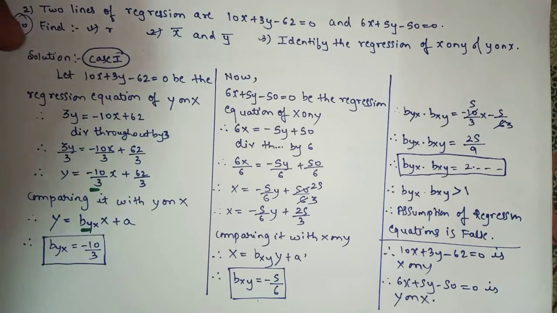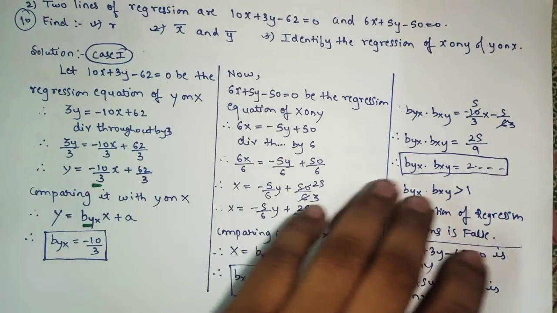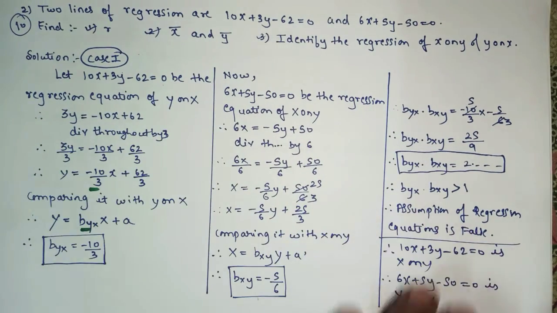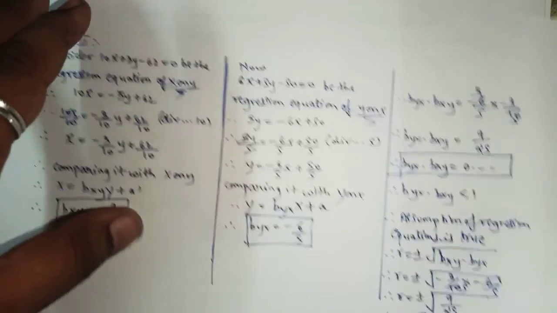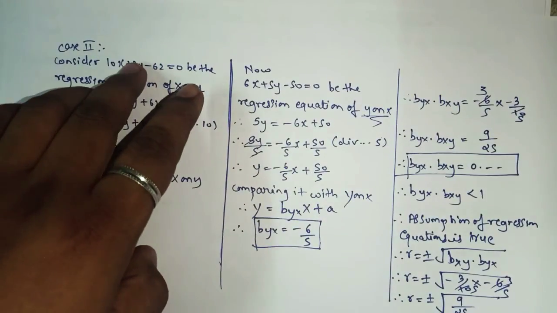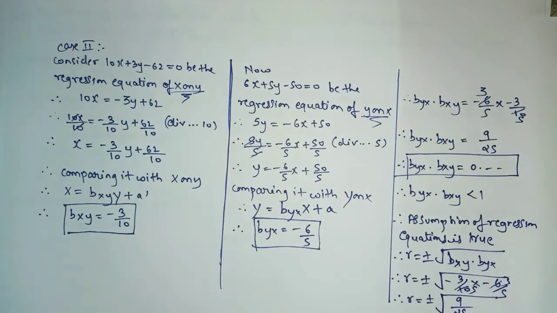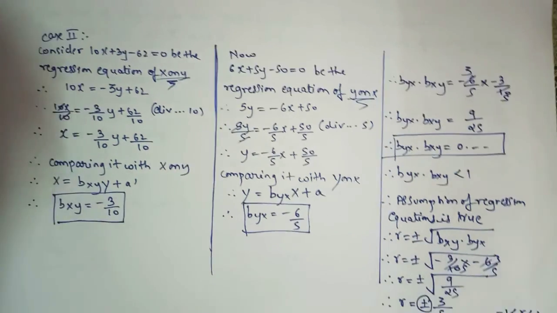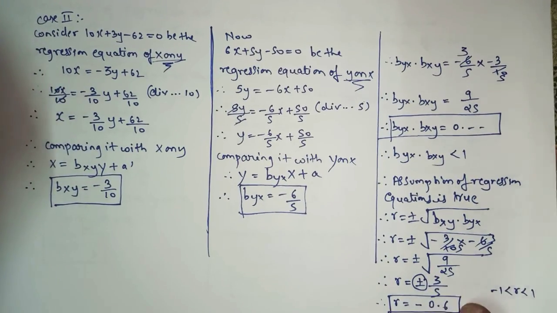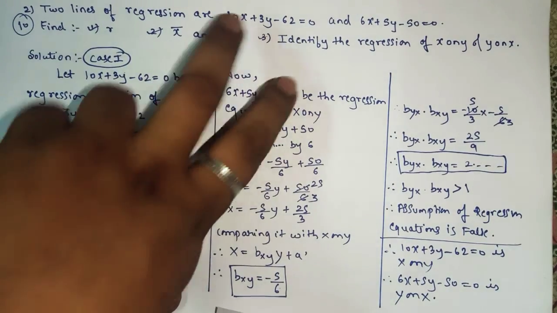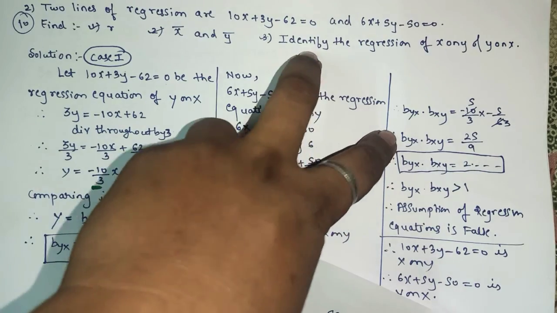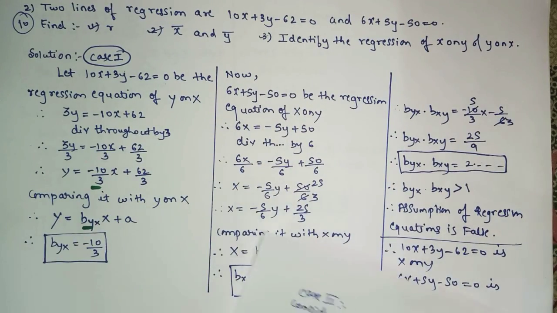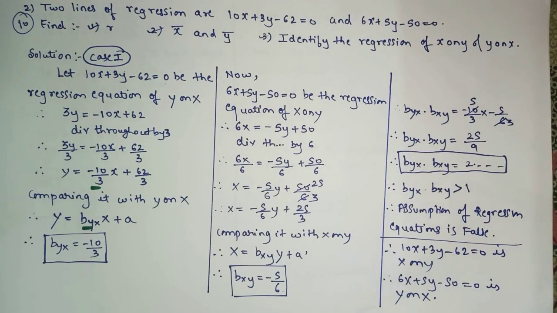As here in this sum, we took y on x and x on y, clearly we saw that our assumption was wrong. So actually for this sum the first equation is x on y and the second equation is y on x. Understood? I hope you all understood how to find the value of R, x mean, y mean, and how to identify the regression equation in case they ask this question. Identify the regression. Okay, so now we'll take one more example based on this sum.